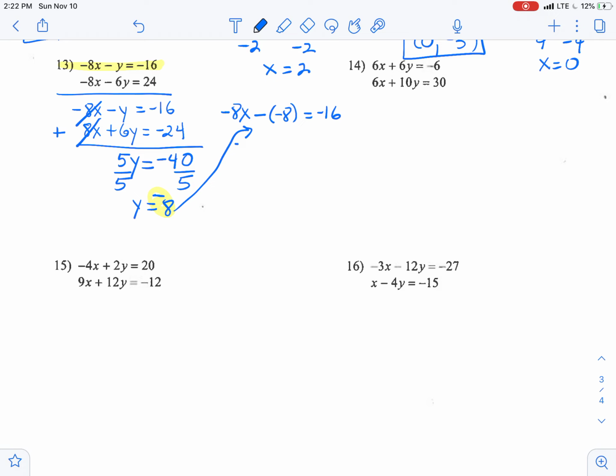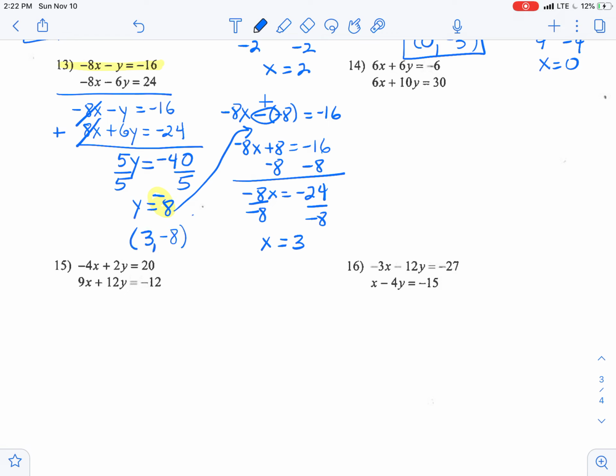Okay, so I get a -8x plus 8 equals a -16, because that comes from my double negatives. I'm going to move this 8 over. I'm going to divide by the -8, so x equals 3. Okay, so my answer will be 3, -8.